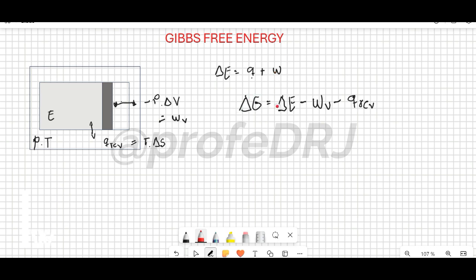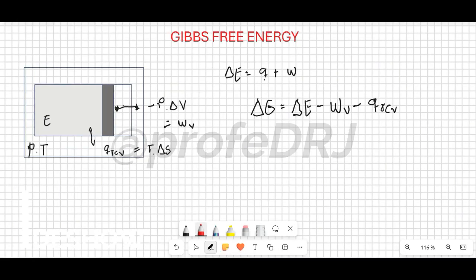Delta G is the same as delta E, the change of energy, minus this volume work, minus the change of heat. Take from here this part as delta H. What is this?